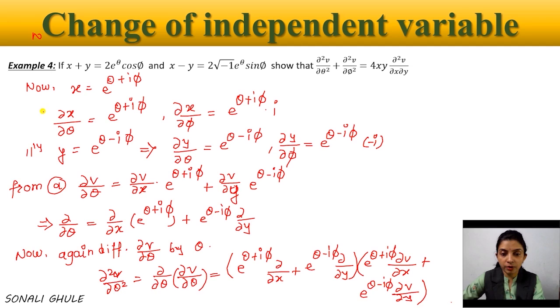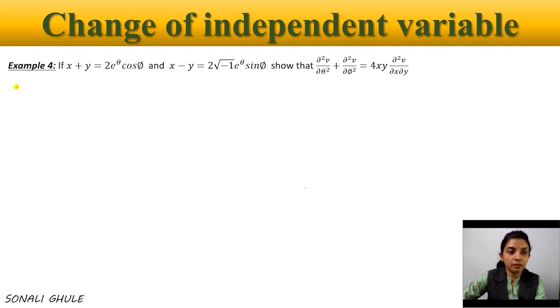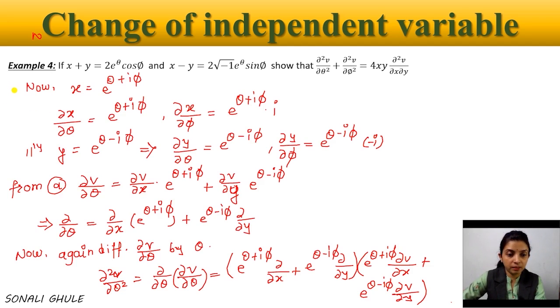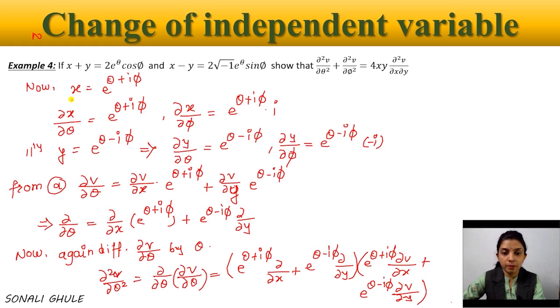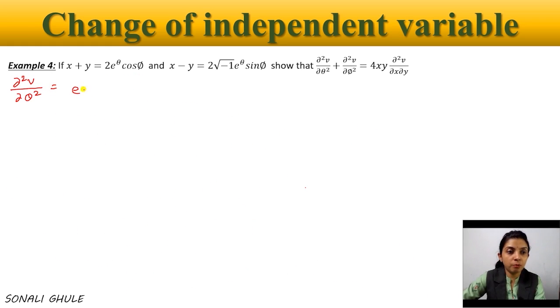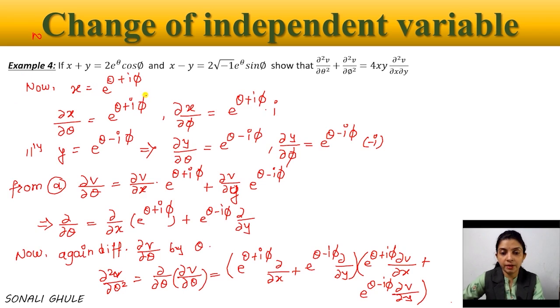So here what will I get? Yes, that is dou 2v upon dou theta square is equal to e to the power 2 in bracket theta plus i phi into dou 2v upon dou x square, right?